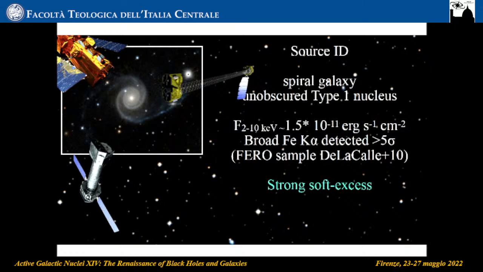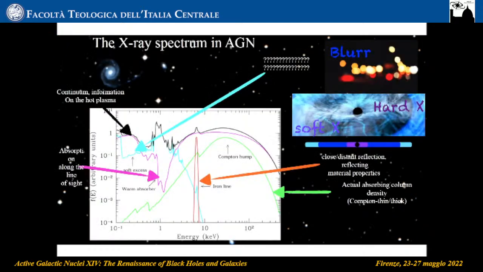The FERRO sample was presented in de la Calle 2010 and contained sources with a broad iron K alpha line with significance larger than 5 sigma, meaning that relativistic reflection was in place in these sources. Moreover, this object was also known to have a strong soft excess. And yes, we are quite proficient in understanding what's going on by studying the X-ray spectra emerging from AGN.